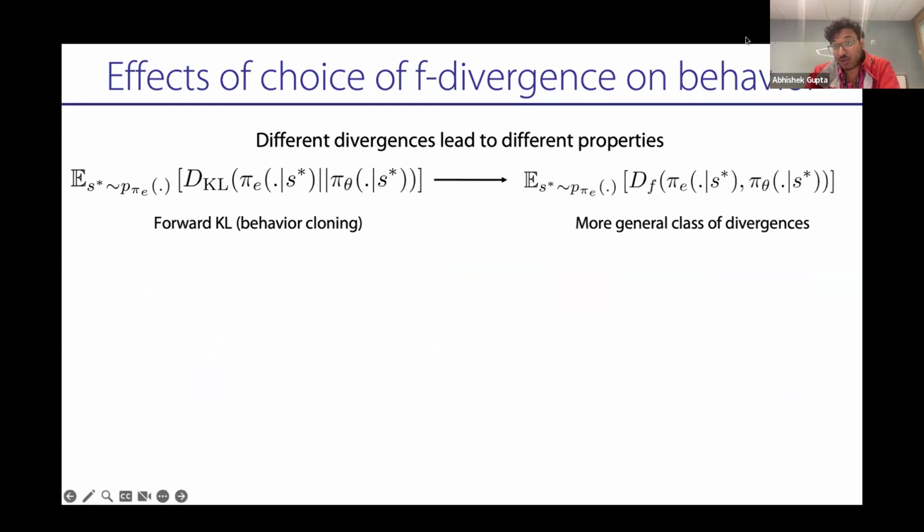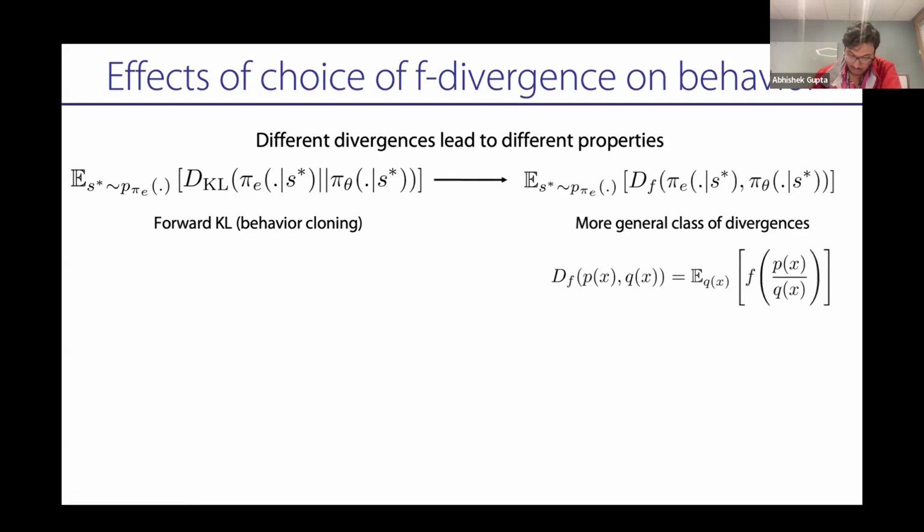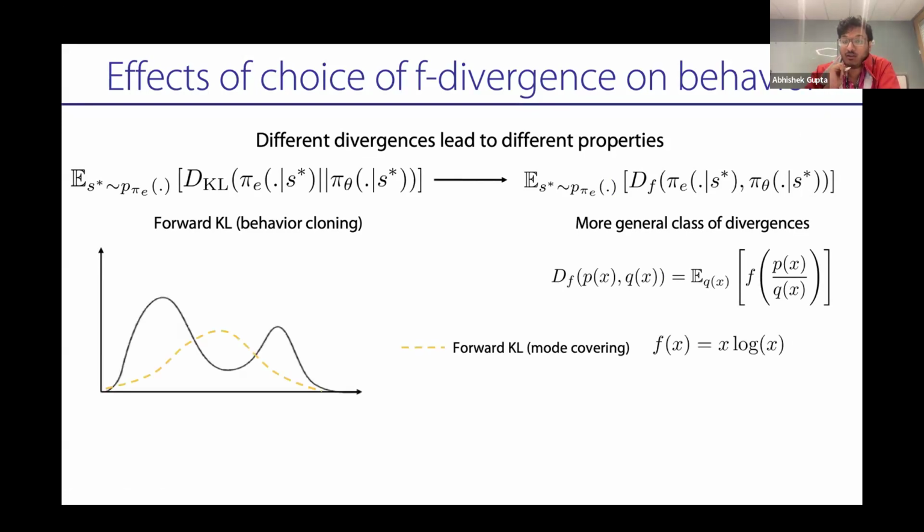And the forward KL is a special case of a more general class of divergences, which are the f-divergences, right? An f-divergence is generally defined as such. It's defined as the expectation under q of f of p by q, right? And so you can show that if you set f equal to x log x, you'll get the forward KL. And if you set f equal to minus log x, you get the reverse KL.